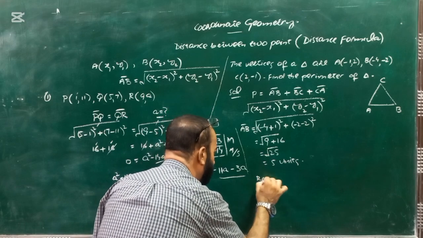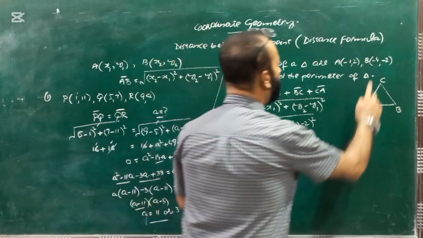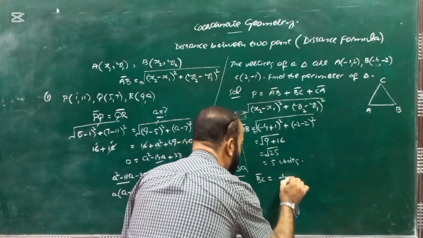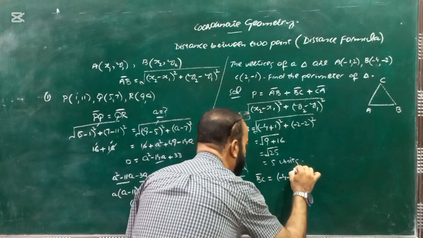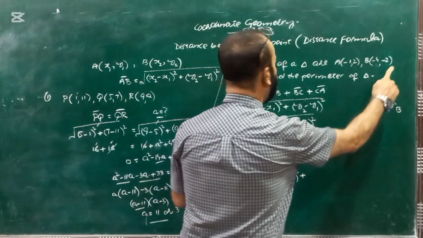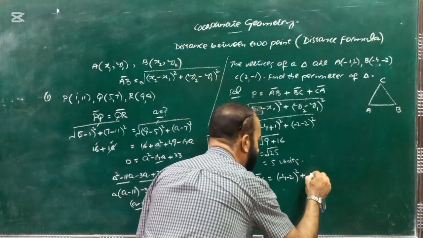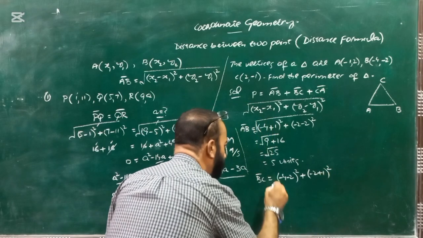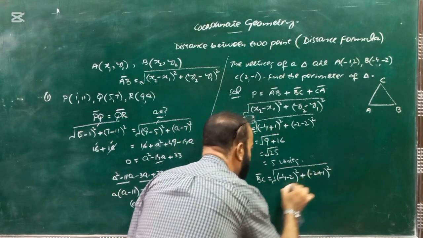Now BC. Here is B, here is C. So minus 4 minus 2, whole square, plus y2 minus y1, minus 2 plus 1, whole square, root.